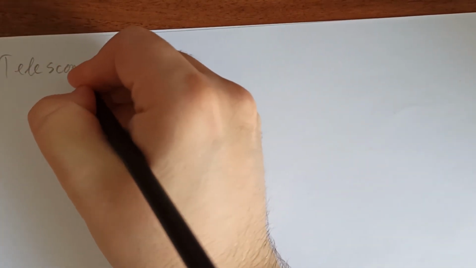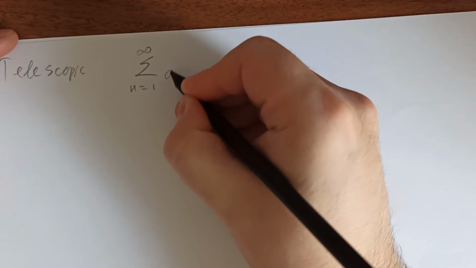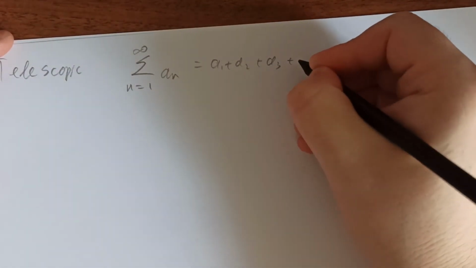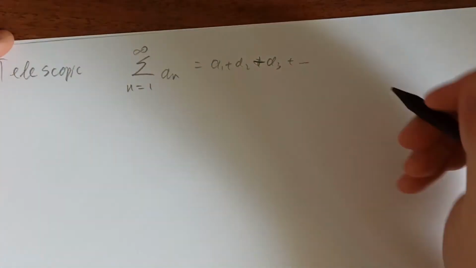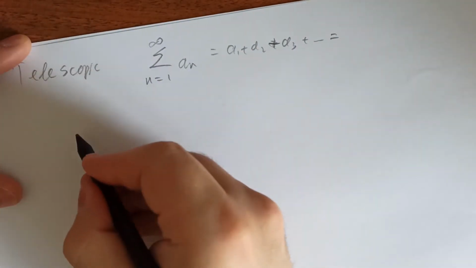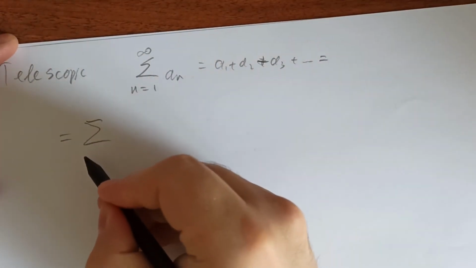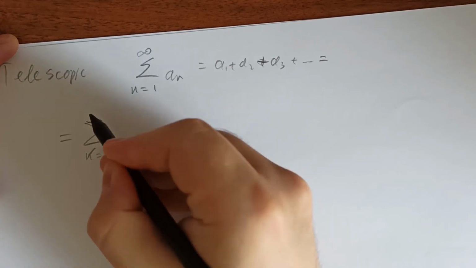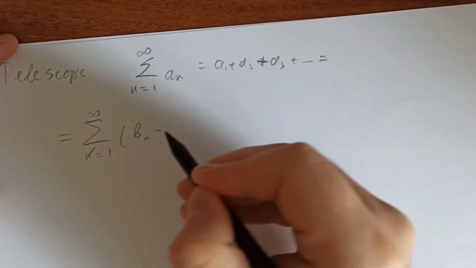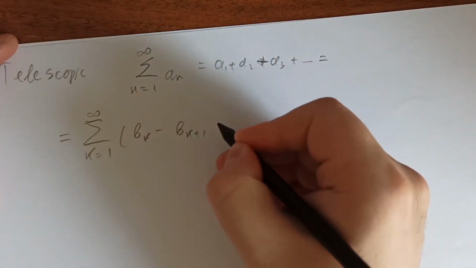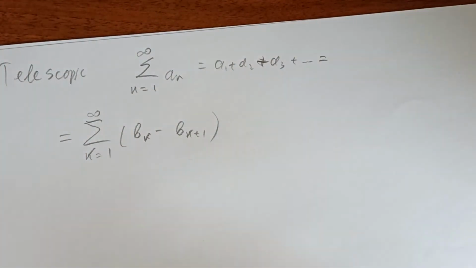One more interesting series is the telescopic series. We have the sum an, which is a1 plus a2 plus a3 plus so on, and this series can be represented as the sum k from 1 to infinity of bk minus bk plus 1, where bk is some other sequence.